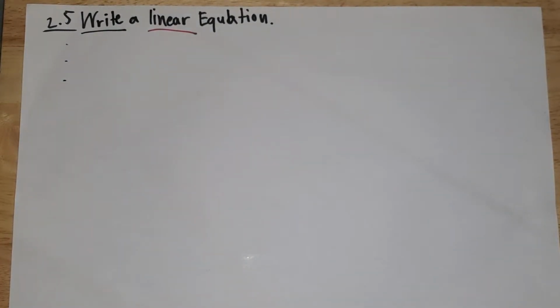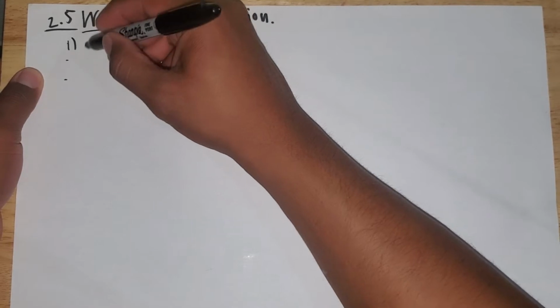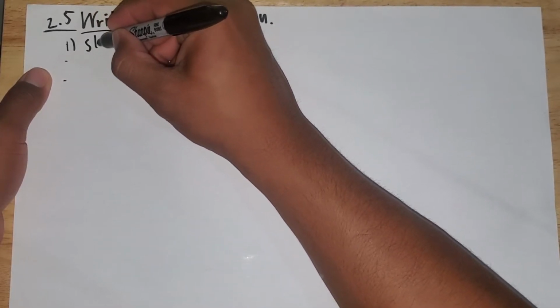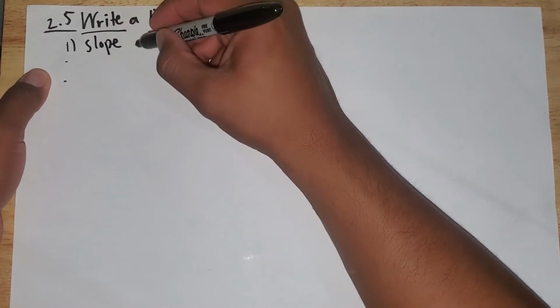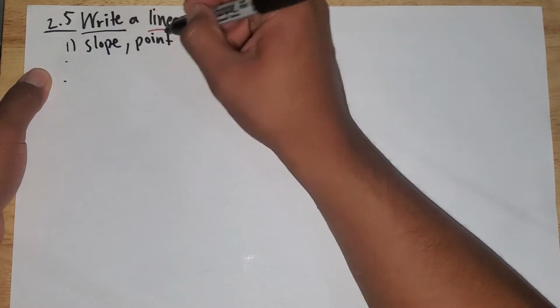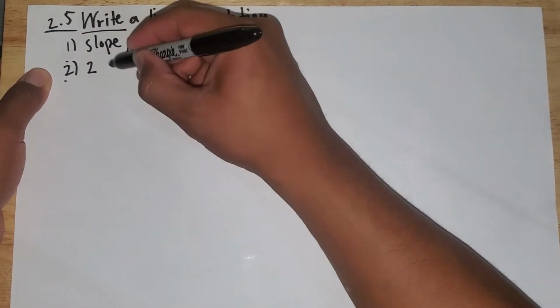But there are three different ways they ask the question. The first one is you're going to have a slope and a point. So these are all the things that are given. The second one, you're going to have 2 points.